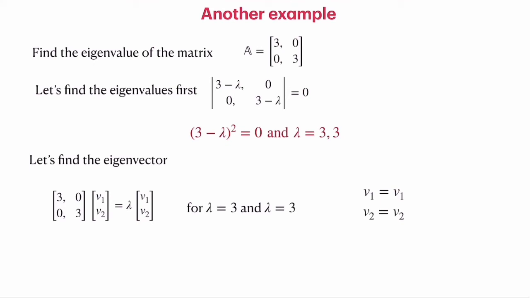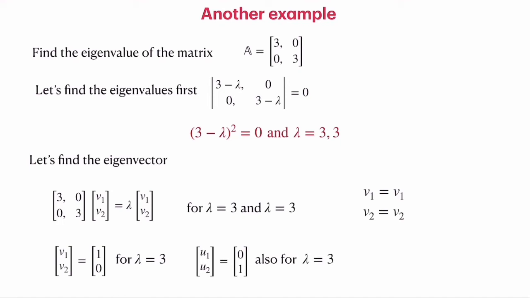That means we have full freedom to choose v1 and v2 as per our wish. So we could choose v1, v2 equal to 1, 0 for lambda equal to 3, and u1, u2 equal to 0, 1 for lambda equal to 3. So this way we construct two separate, linearly independent, orthogonal eigenvectors.